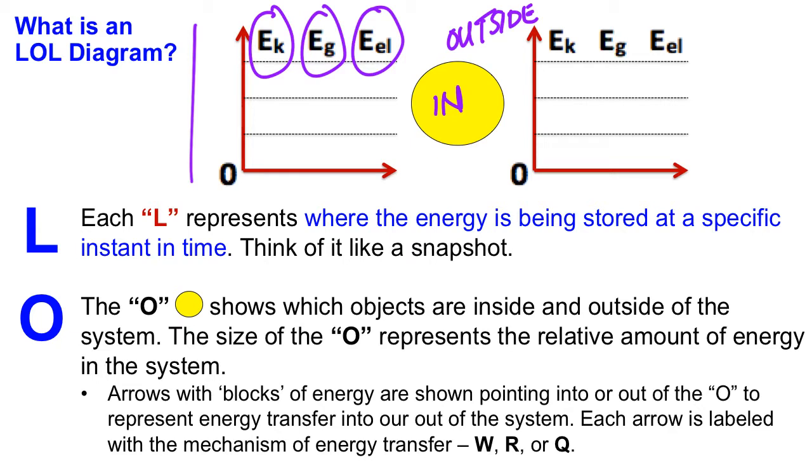And then we're going to show with arrows into or out of the system energy entering or leaving if it does. Now, the actual size of the O is representing how much energy is in the system. And we'll talk a little bit more about how we work with that in just a minute.